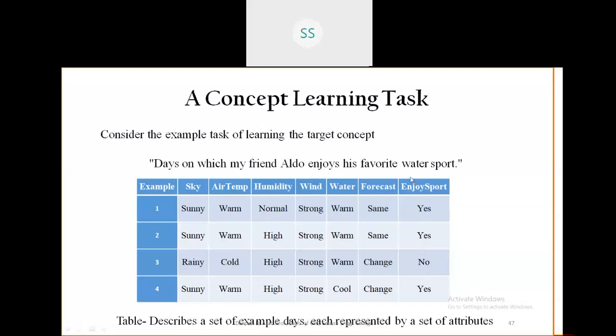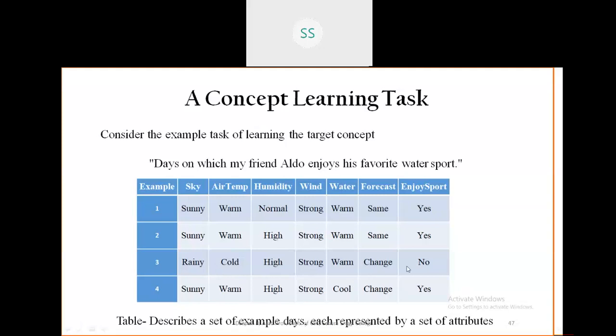That's why enjoy sports has been set to no. If the sky is sunny, you are going to play the game, and if it is rainy, it doesn't matter what values you have for the other five attributes, that is cold, high, strong, warm, and change.